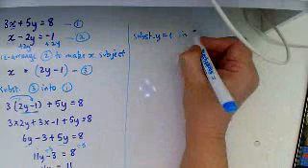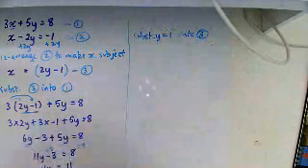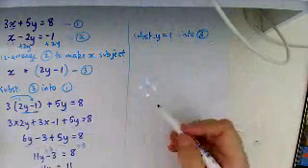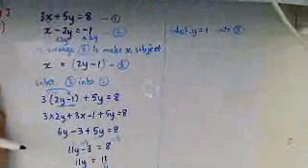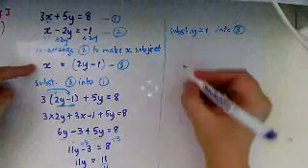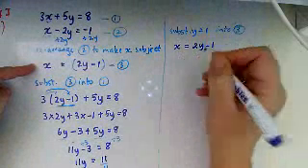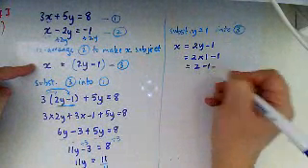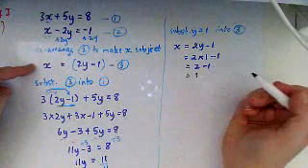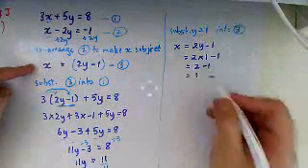So we're going to substitute y equals 1 into equation 3. So here's equation 3. Here. So x equals 2y take 1, which equals 2 times 1 take 1, which equals 2 take 1, which equals 1.